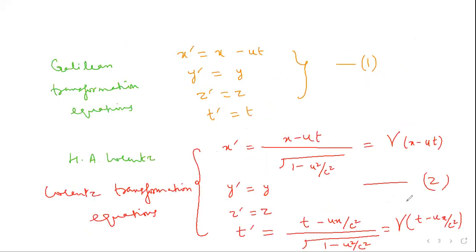So to get the inverse transformation equations, you have to simply switch the primed and unprimed coordinates and replace u by minus u.